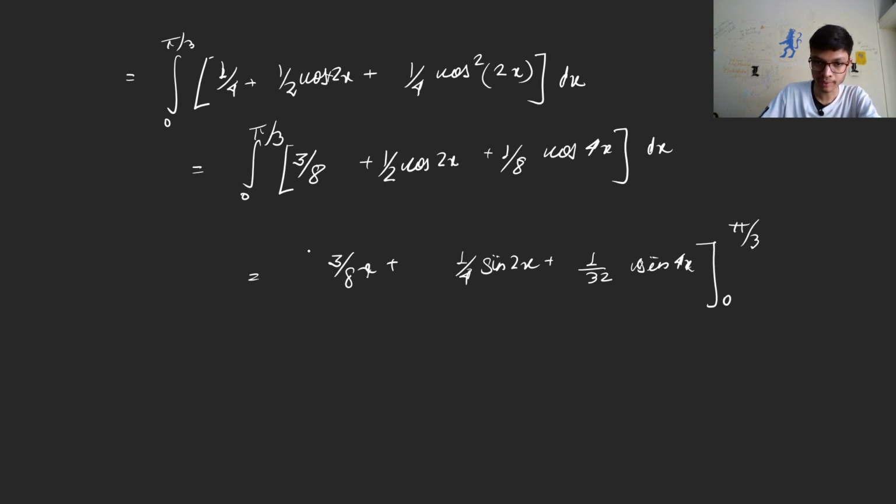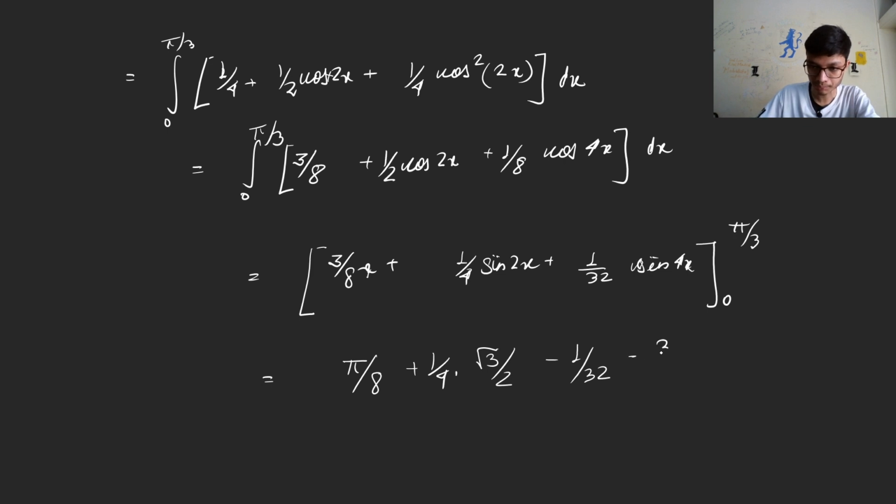Now if you put the limit and solve, you will definitely get to the result. You can put this pi by 3 in the first term, so the result is going to be, as I calculated, pi by 8 plus 1 by 4 times root 3 by 2, minus 1 by 32 times root 3 by 2.